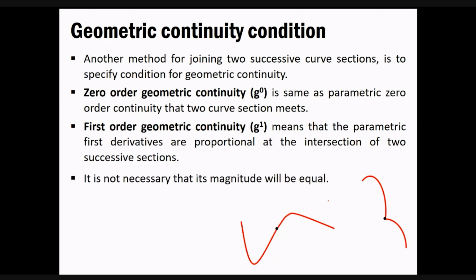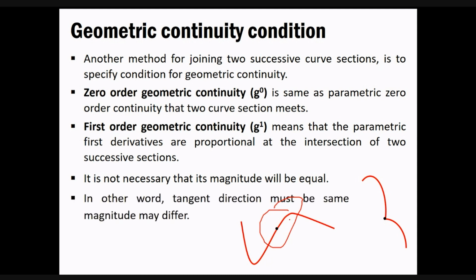So it is not necessary for this geometric continuity condition that the magnitude be equal, as we saw in the previous example. But if it is not equal, what is the condition by which we know that they are merging at this point and it will look like a continuous line or a continuous curve?